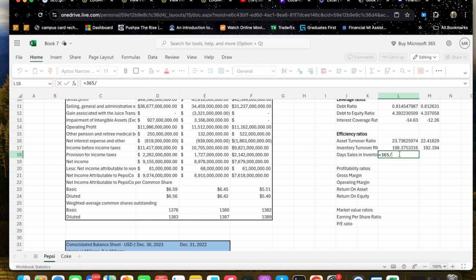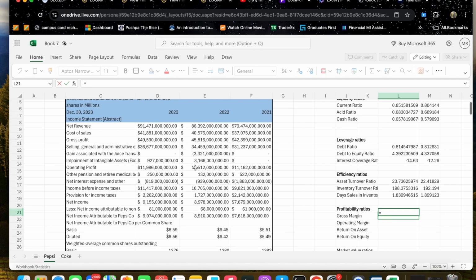Now I have to find the days inventory. It should be 365 divided by the inventory turnover ratio. So the days of the year divided by the inventory turnover will simply give us the days of inventory in hand.